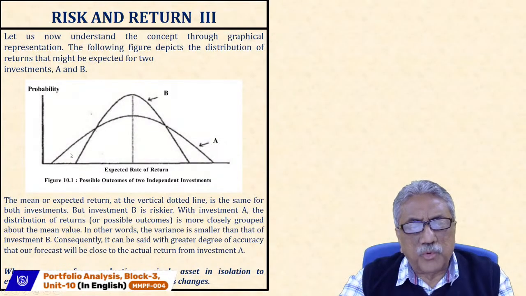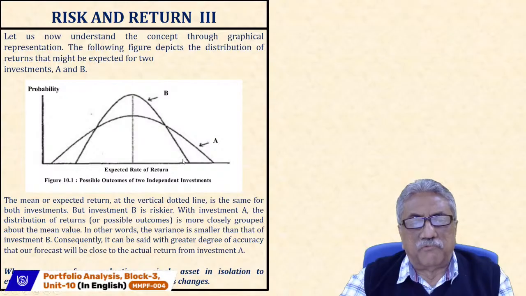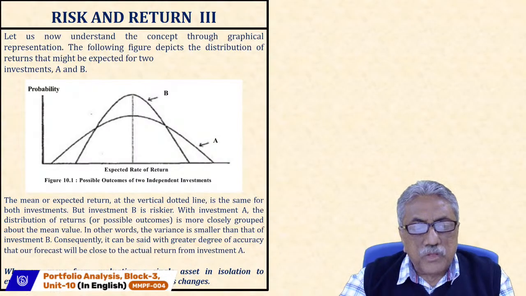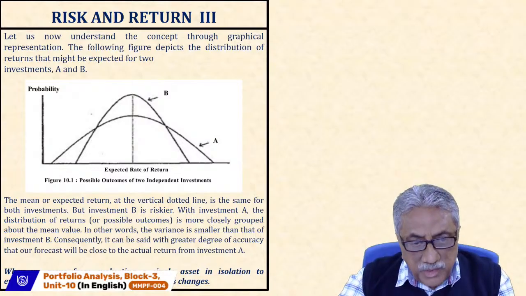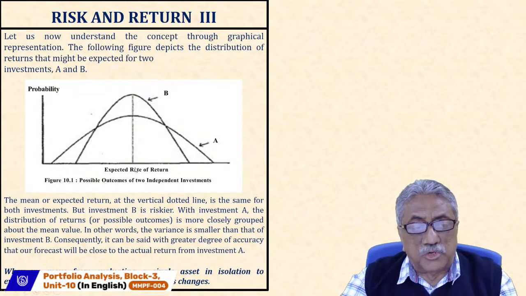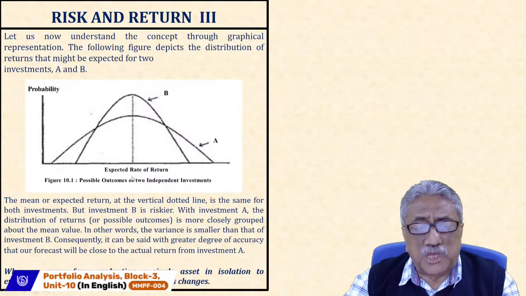So A will not go high risk, but will give more or less this type of return. In a good time, a better return; in a not so good time, a little lesser return. So it can be said with greater accuracy that our forecast will be close to the actual return from investment A.